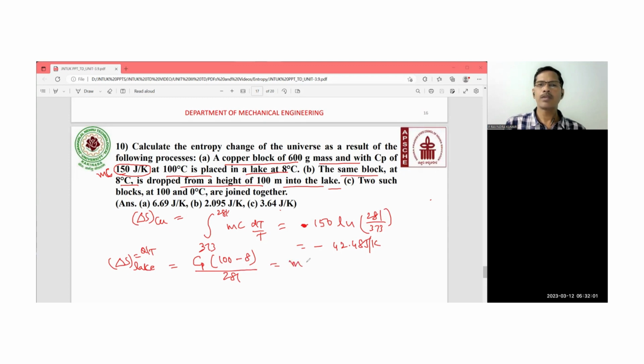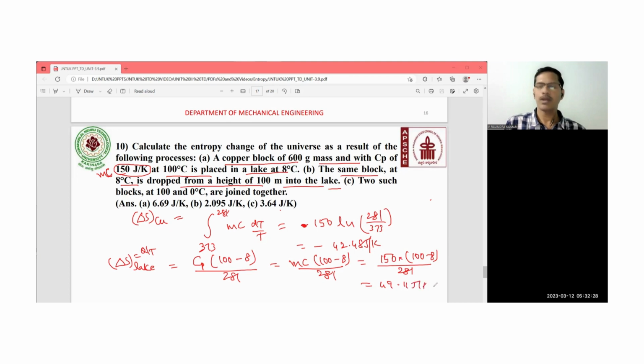This Cp is nothing but the same, that is mc, into 100 minus 8 divided by 281. So that is nothing but 150 into 100 minus 8 divided by 281.